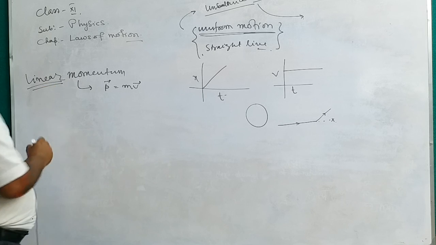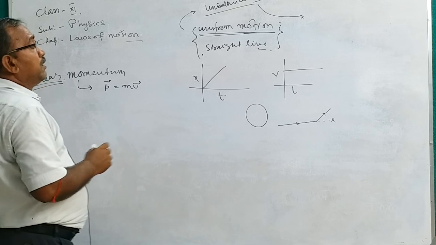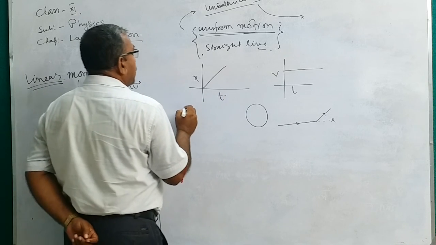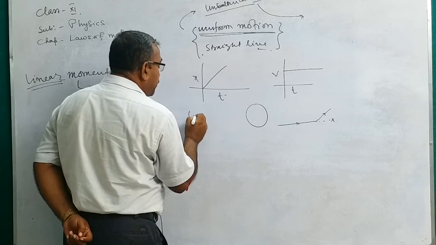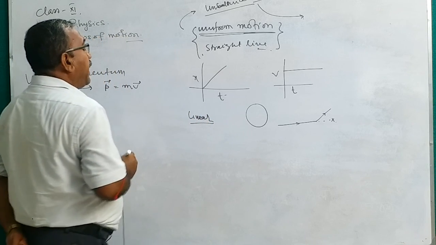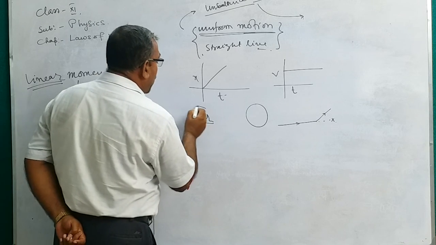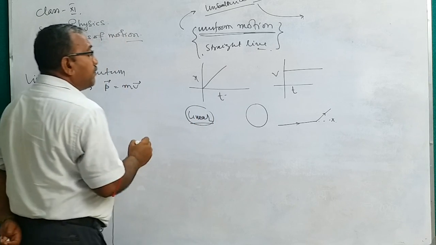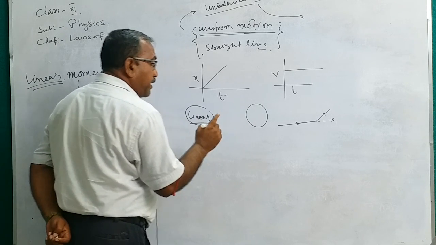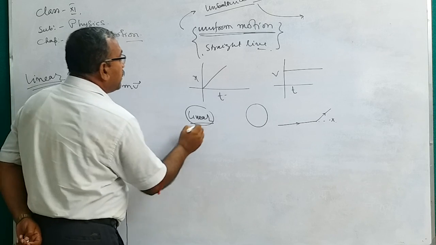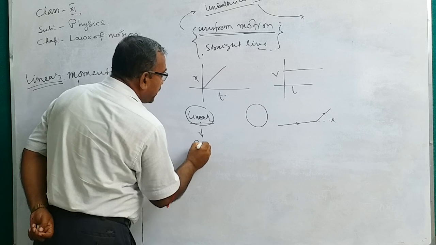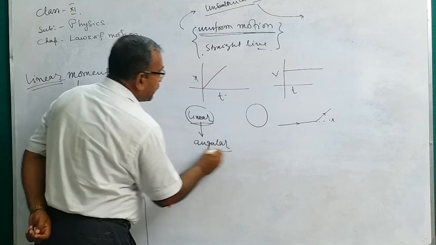Why do we call it linear momentum? Because in class 9 the word linear is not mentioned there; you only know momentum means linear momentum. But in class 11 you see two types of momentum: one is linear momentum, another is angular momentum.